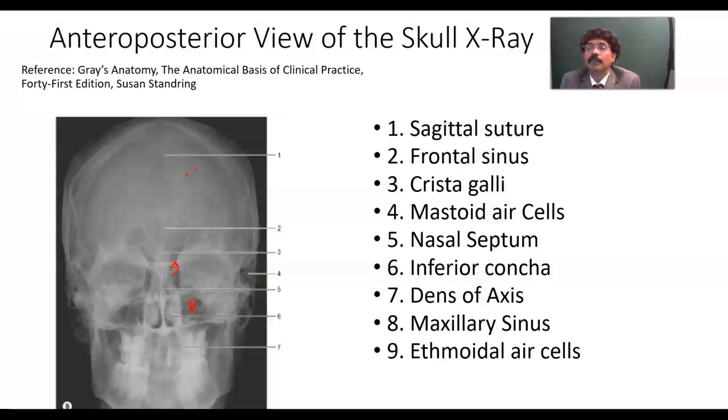It has a cartilaginous part, the nasal cartilage here. This is called septal cartilage. So it is cartilaginous, partly bony.